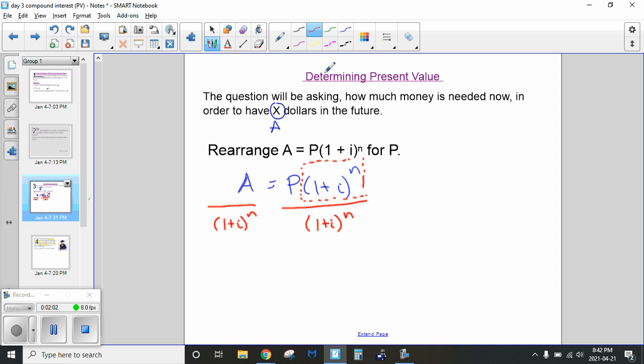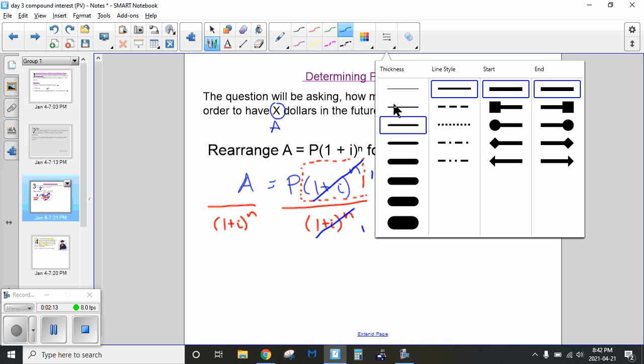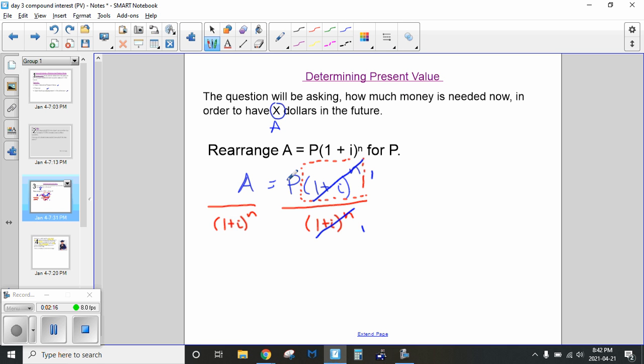On the right-hand side, we have something being divided by itself that always reduces to 1 over 1 and kind of disappears for us, which is the point. And then we're left with only P on that side of the equation and all the interesting stuff on the other side. So I'm just going to flip the left and right hand sides so that P is showing up first. That's my preference, but if it doesn't bother you to have your variable on the right, you can leave it alone.